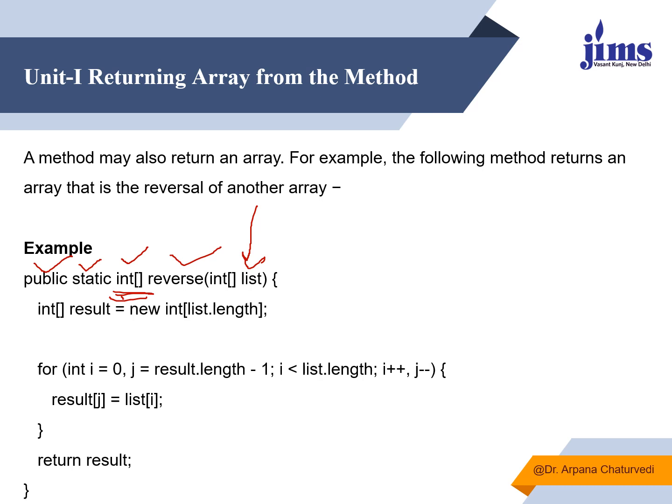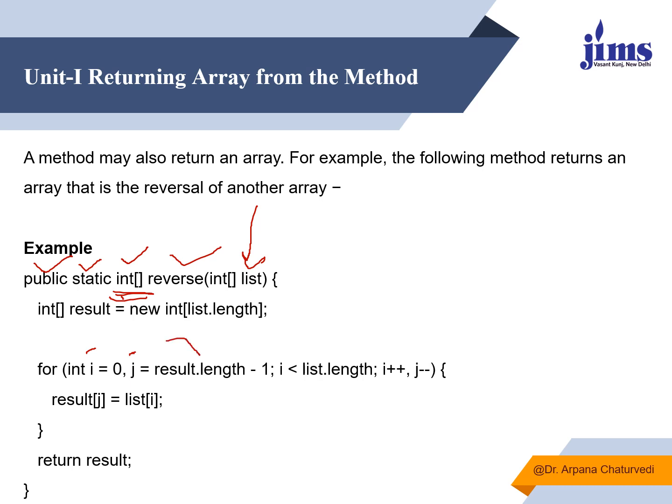And here I am saying for i equals 0, j equals result.length minus 1, i less than list.length. List is the name of an array, result is also the name of an array. This result we are getting as a return value, so we are initializing i with 0 and j with result.length minus 1, because result may have 5 or 6 elements of an array.